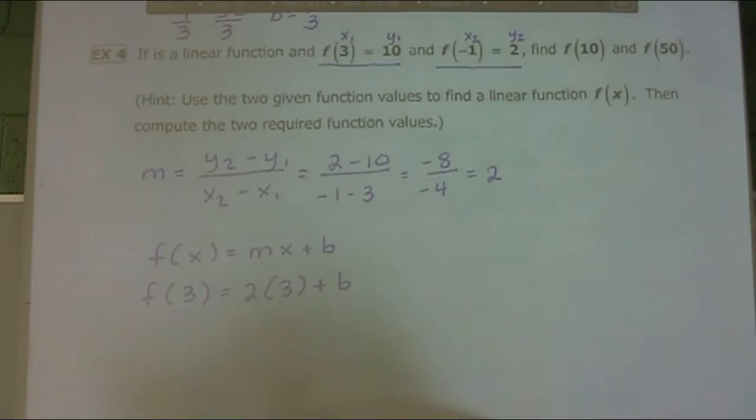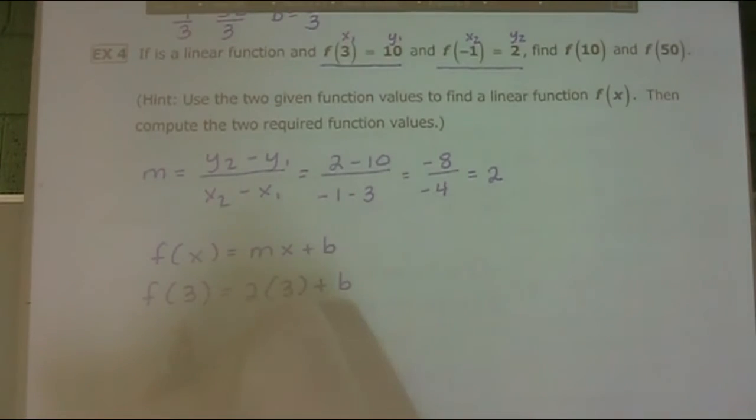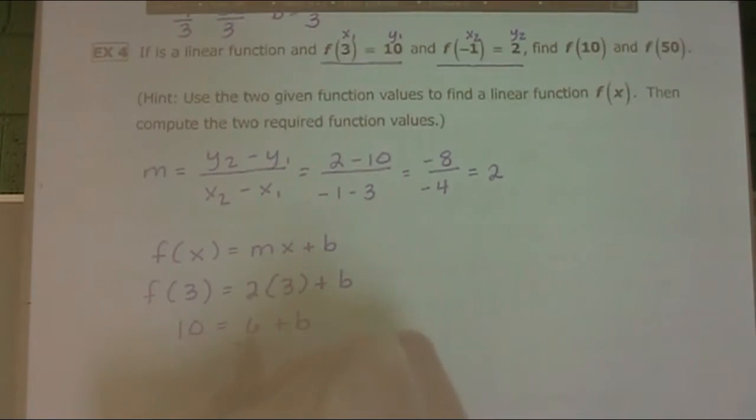All right? So what is f of 3 also equal to? If we go up here, we find that f of 3 equals 10. So we're going to substitute 10 in place of f of 3. And this equals 6 plus b. Subtract 6 from both sides. And we find that b is 4.